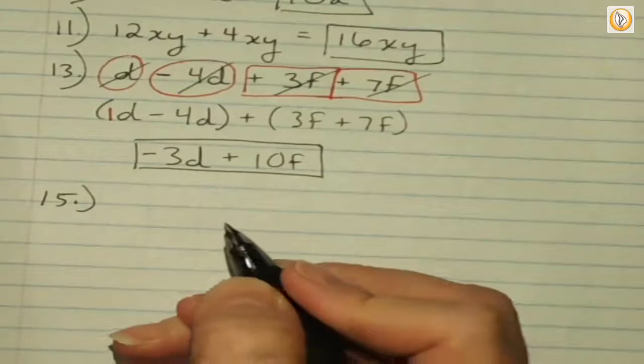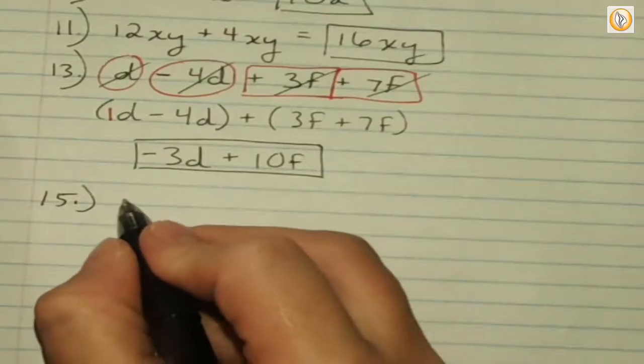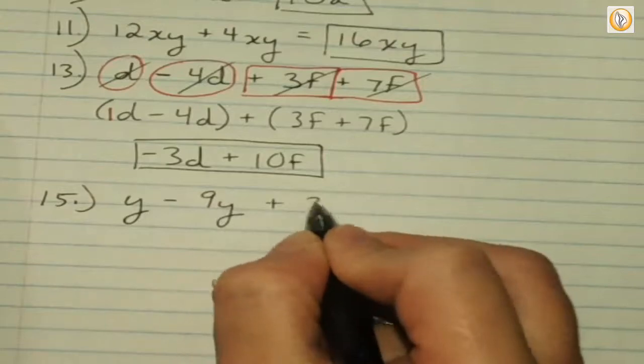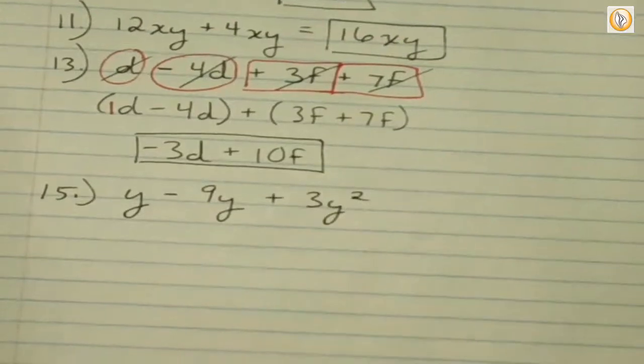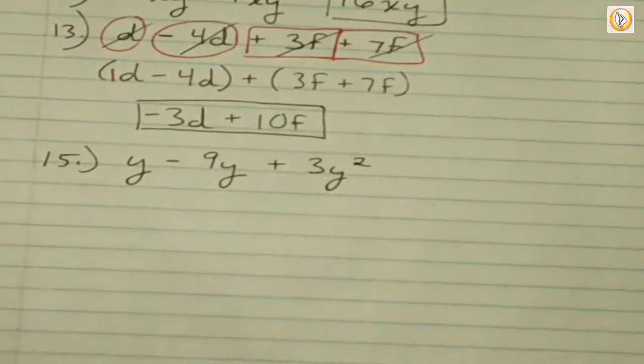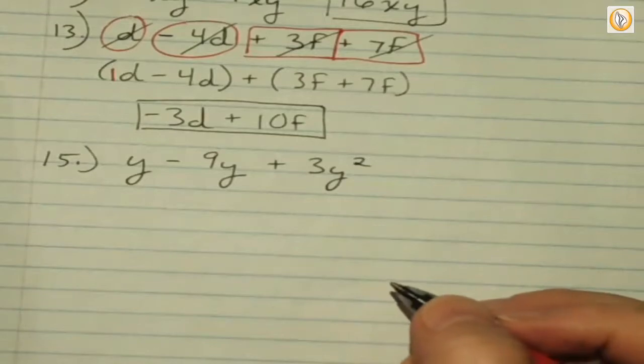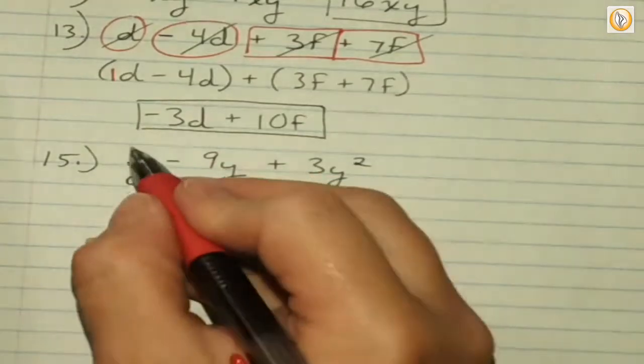15. Y minus 9y plus 3y squared. What do I combine? You can combine the y and the 9y.